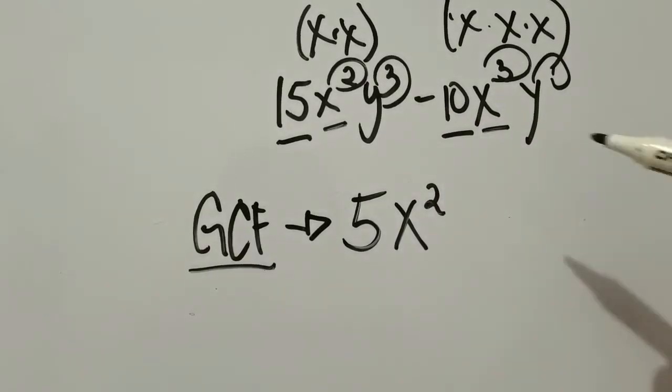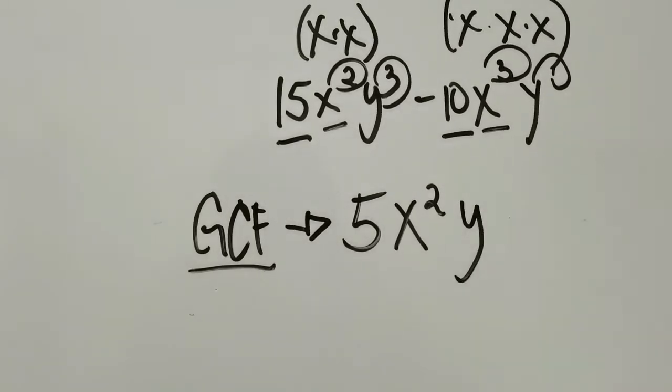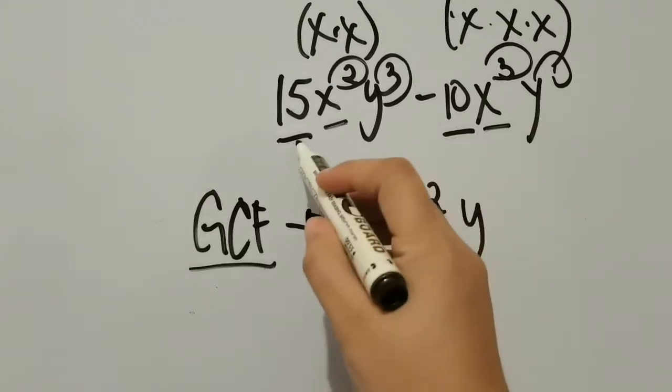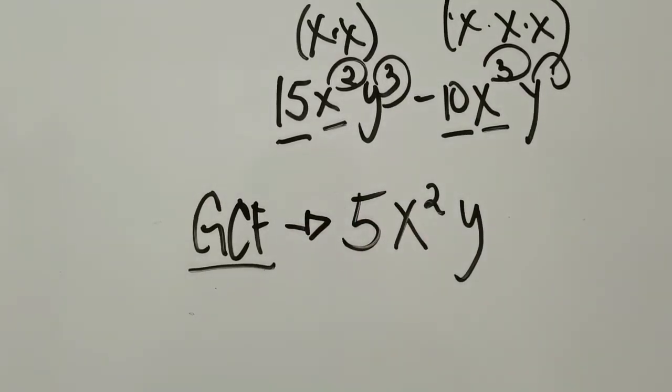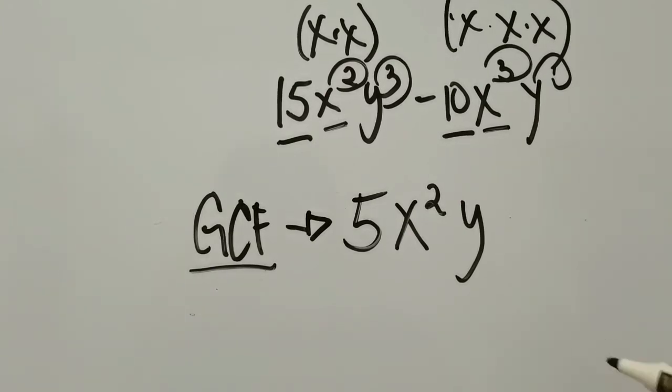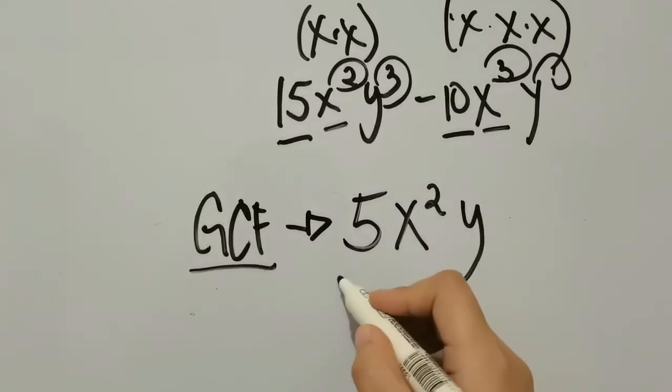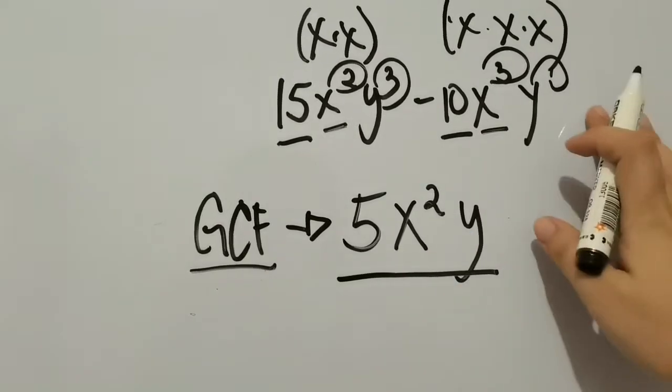Of course, 1. So y lang. So the GCF of 15x squared y cubed minus 10x cubed y is 5x squared y.